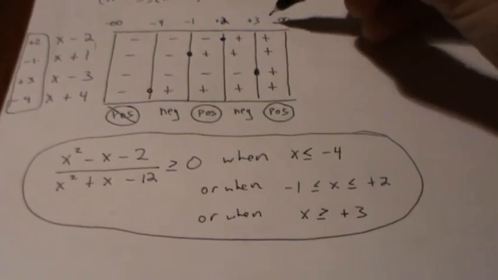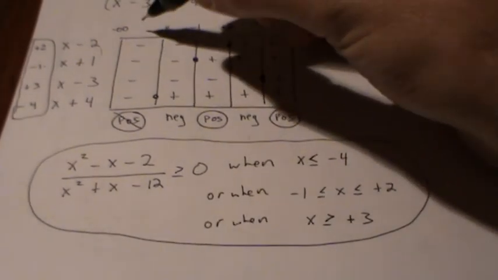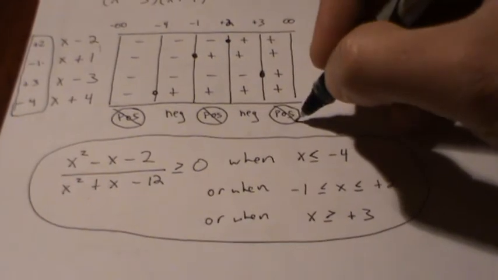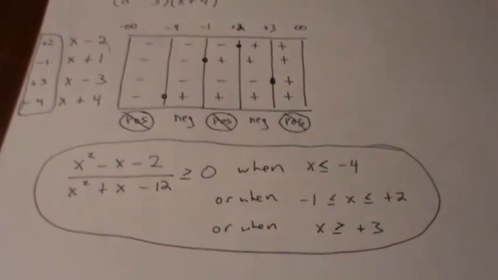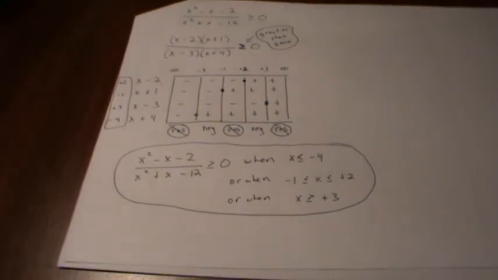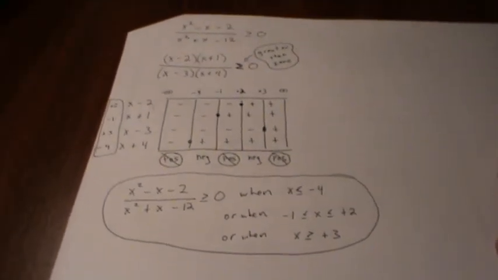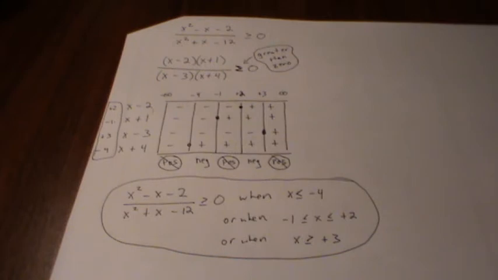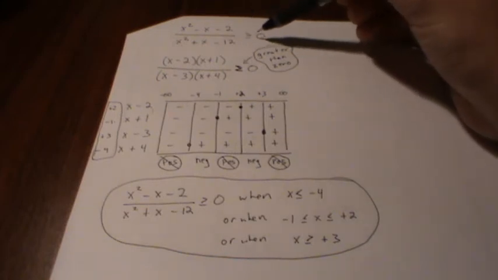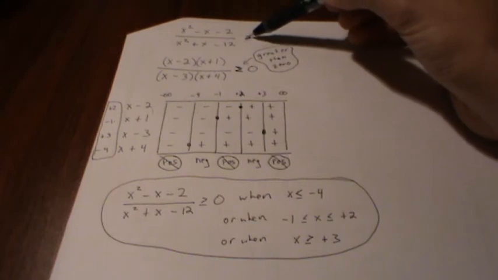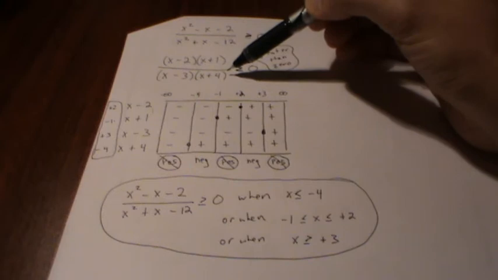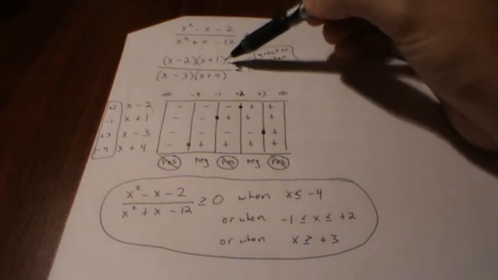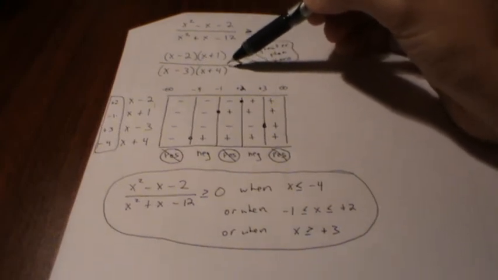I've just taken this interval, and that interval. And so that's basically the idea for rational inequalities. Remember, you have to have everything set less than or equal to 0. You factor everything, numerators and denominators.